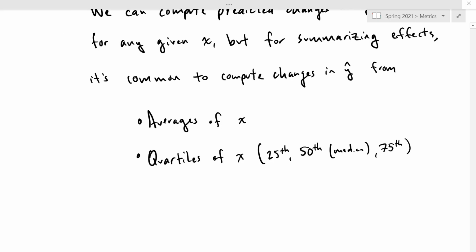You might see a larger slope, then a smaller slope, and a smaller slope still, and you could see those slopes for each individual quartile.